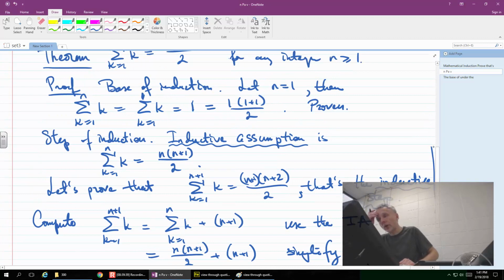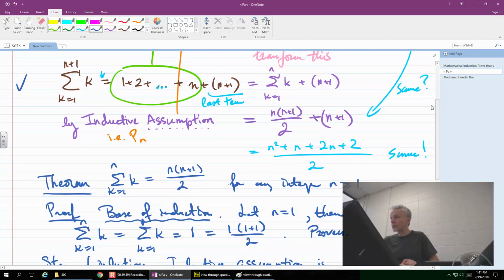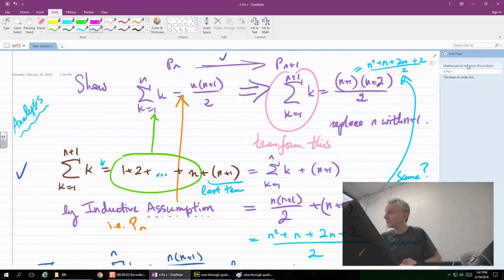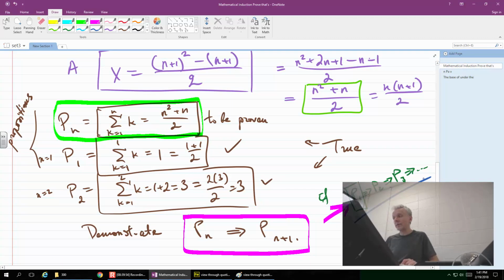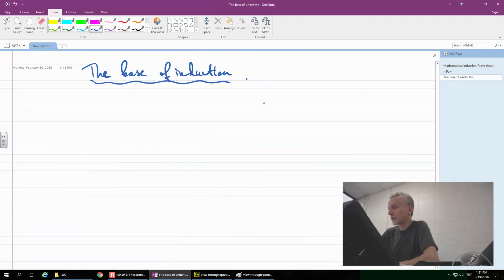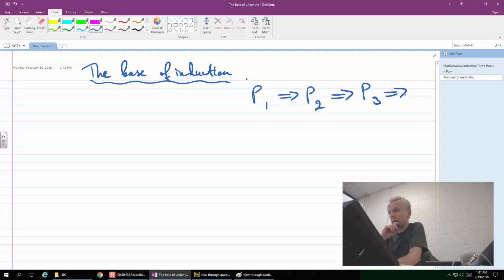But if you do not do the base of induction, you're skipping over something very important logically. The sequence of conclusions has to start somewhere. So P1, or wherever you choose to start: you can conclude something about Pn only if you have a starting point. Otherwise, just having demonstrated that Pn implies Pn plus 1 is not enough.